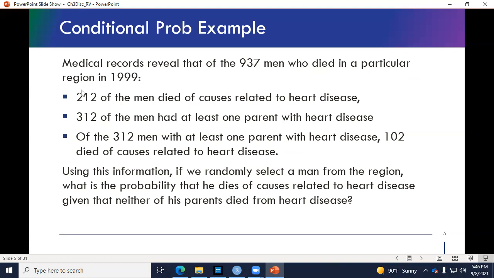And 312 of them had at least one parent with heart disease. And out of this 312, with at least one parent with heart disease, 102 died of causes related to heart disease.